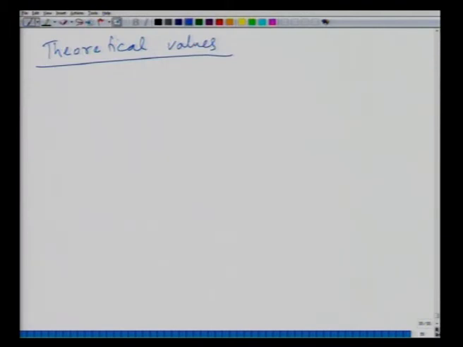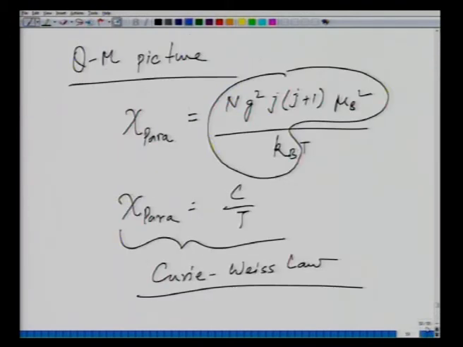If you go to the previous slide, we wrote this chi para in terms of n g squared j into j plus 1 mu B squared by kT, and this j is put into the expression because it not only gives you a quantized picture, but also helps you separate the contributions from completely orbital and completely spin, because this j will take the value of the spin quantum number when it is the spin contribution. It will take the value of the orbital quantum number when the orbital moment is dominating.